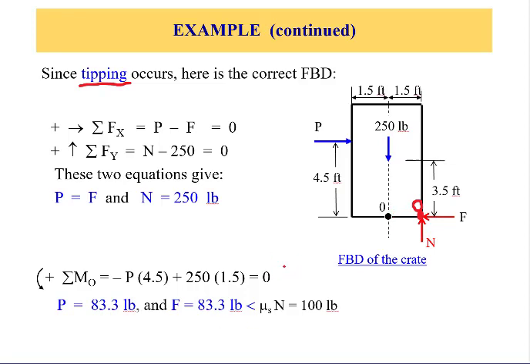This is all equal to 0 because it's at equilibrium, it's about to tip. So solving this equation will give us a value of 83.3 pounds.